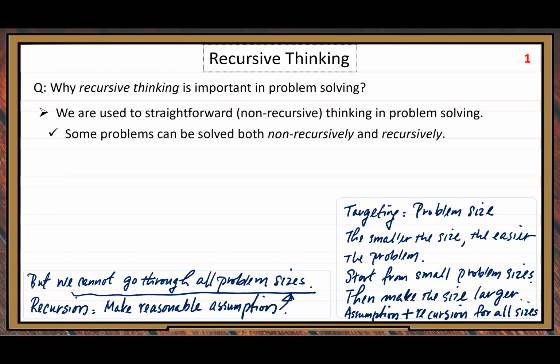That is the basic idea of recursive thinking. With that, some problems can be solved in both ways, non-recursively and recursively. Sometimes people prefer the non-recursive way, sometimes people prefer the recursive way for the same computing problem.